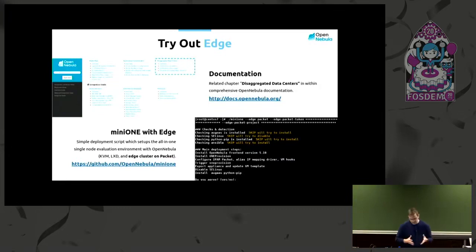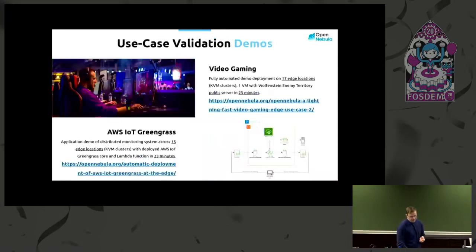As seen on the screenshot, it just needs some parameters, like selecting the provider and giving a token and project, and it does everything automatically. This is not an artificial thing; we did some use case validation demos.